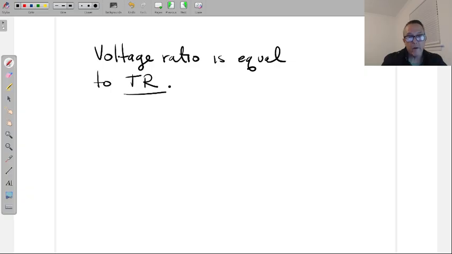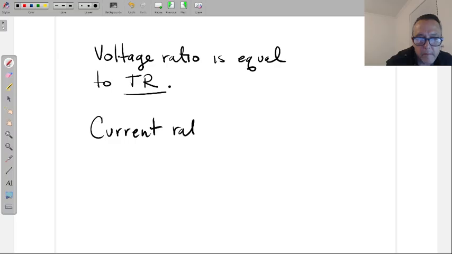But here's the other part we know. We're going to write another note to this one as well. Here's the other thing, that is that the current ratio is also the same or equal to the turn ratio as well.